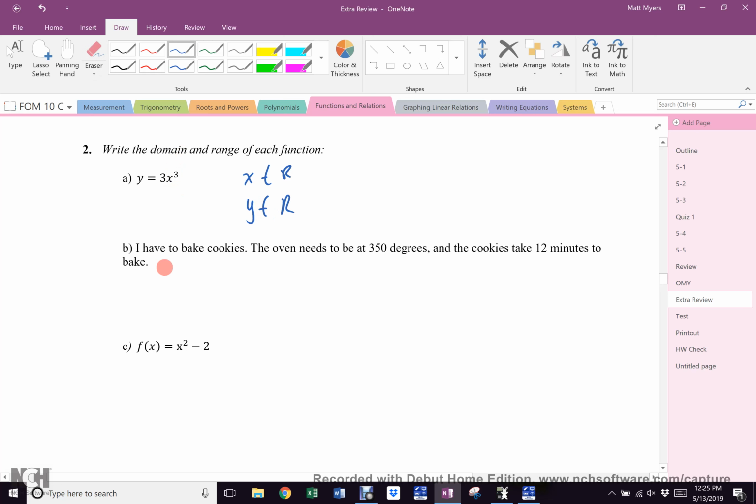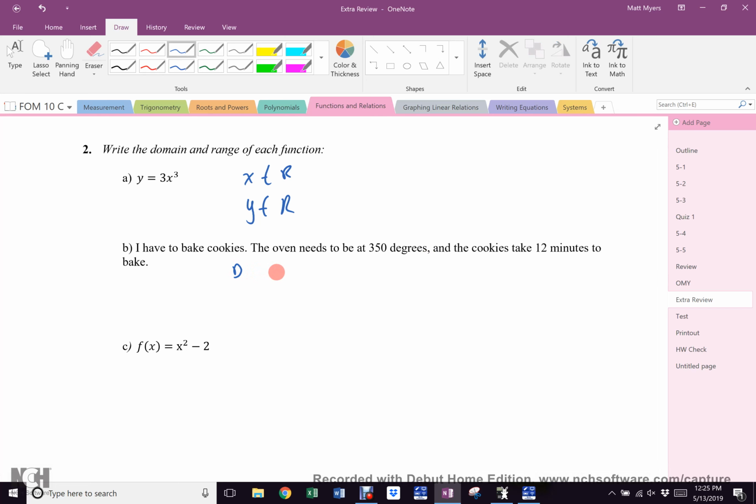I have to bake cookies. The oven needs to be at 350 degrees. Cookies will take 12 minutes to bake. What is the domain and range? Domain is what? The domain is the degrees? The domain is the time, isn't it?